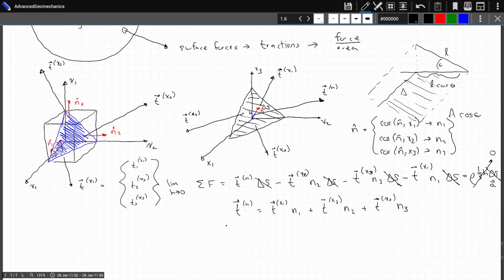Remember, by default, if I don't say any different, a vector is a column vector, right? So this is a column vector, that's a column vector, that's a column vector, right? I'm going to take the transpose of both sides of the equation.